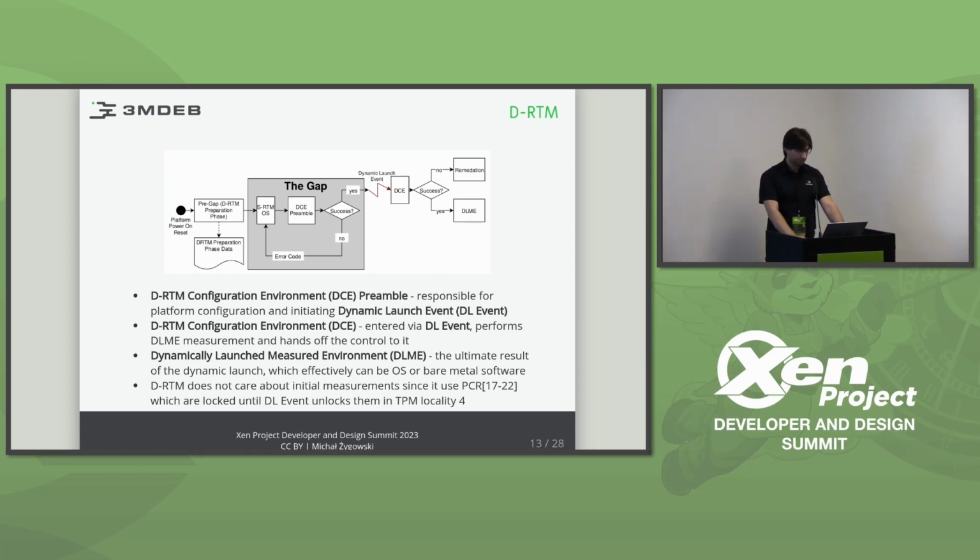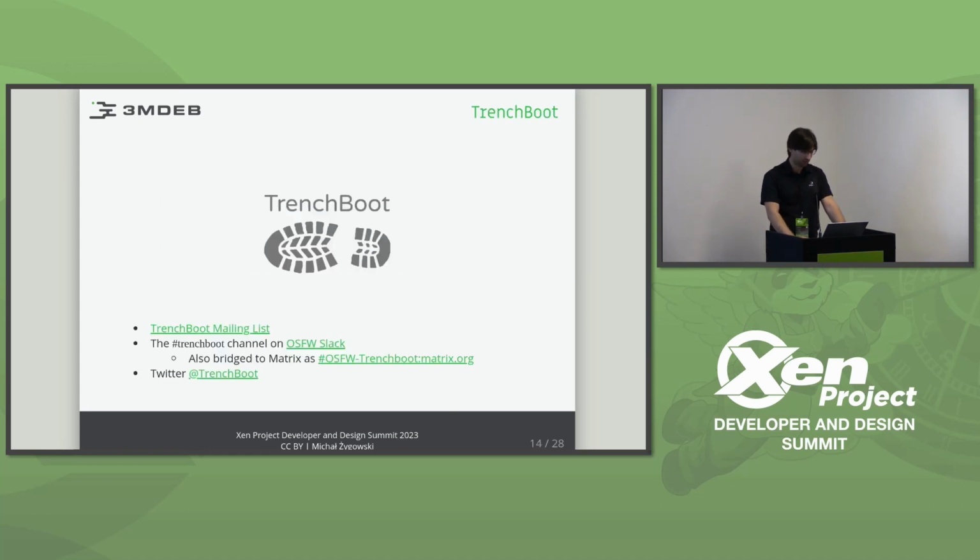So the whole DRTM technology can be implemented, for example, using the TrenchBoot project. TrenchBoot is a framework that allows individuals and projects to build such security engines, for example, to perform launch integrity actions for their systems, using, for example, DRTM.